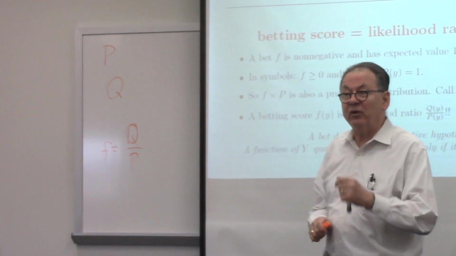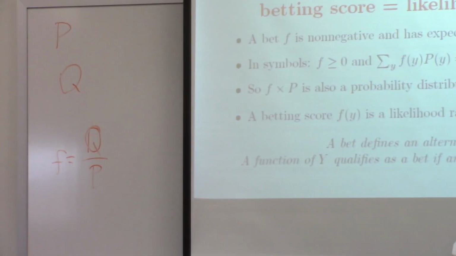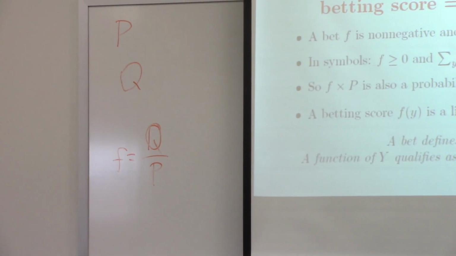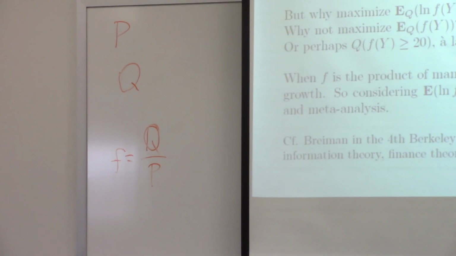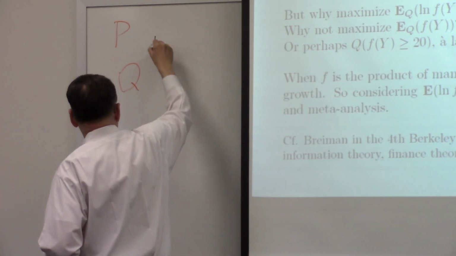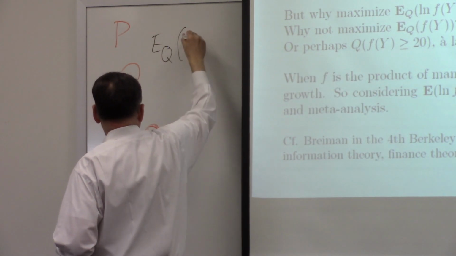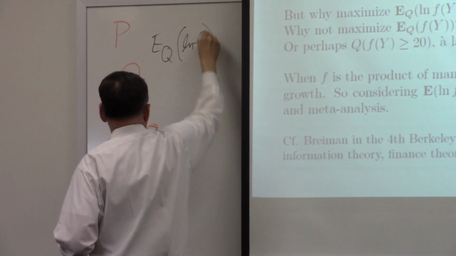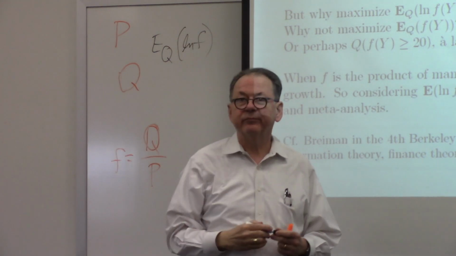If you think about what choosing Q over P actually does, it maximizes the logarithm of the bet. It maximizes the expected value under Q of the logarithm of the outcome.